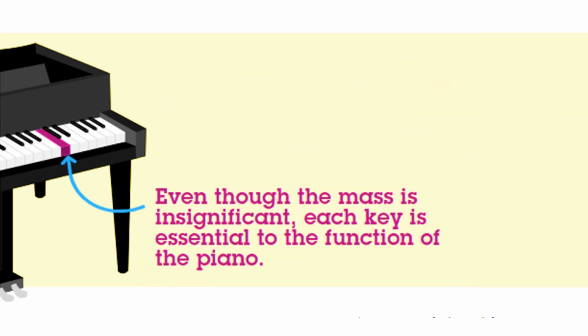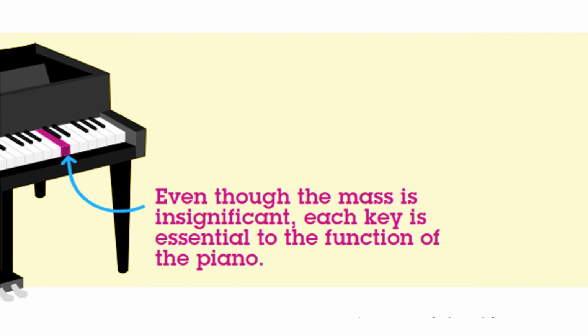But even though the mass is insignificant, even though we don't care about the mass of an individual piano key when you're moving an entire piano, nevertheless, if you didn't have that key, if it was missing, the piano would be defective. It would not work. It would have one key that would not sound, that would not work when you're trying to use it to perform music.